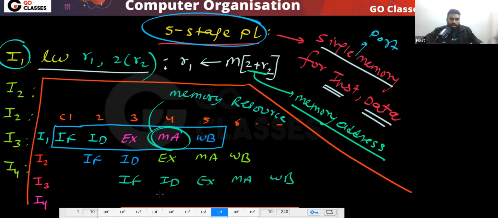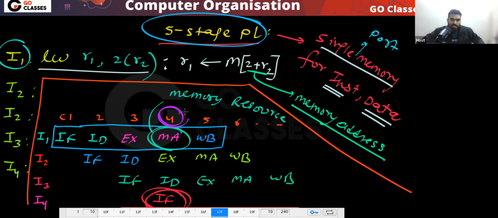Can I fetch this instruction in this cycle? In the cycle C4, can I fetch another instruction? Can I fetch a new instruction in this cycle?